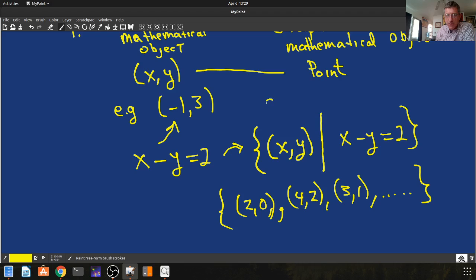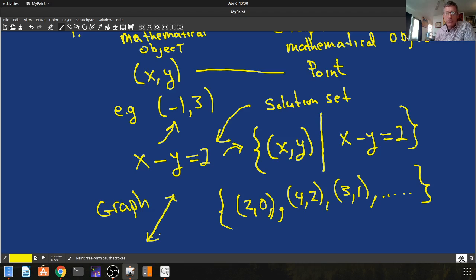And this set is called the solution set for this particular equation. Now again, this is just concepts. You're not going to be tested on this, but I kind of want to paint the big picture for you. And the corresponding graph, the visual aspect of this mathematical object, will literally be a straight line.